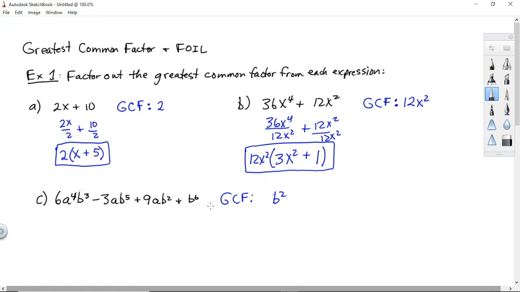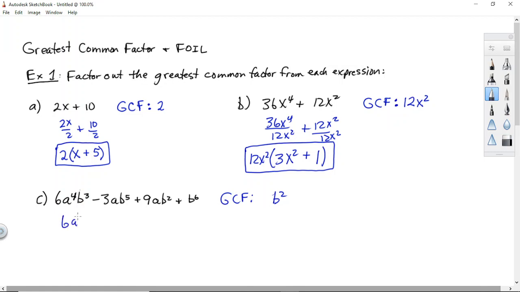So that's it. And we could write down here 1 just to show that it is 1b squared. But again, we don't even need to write that. Just b squared.